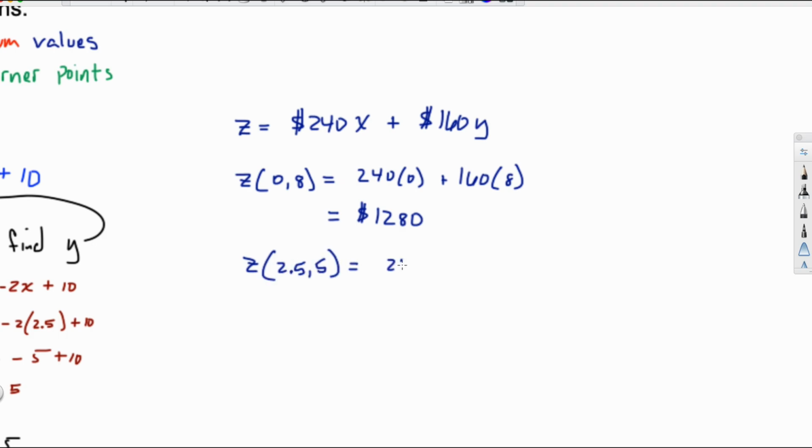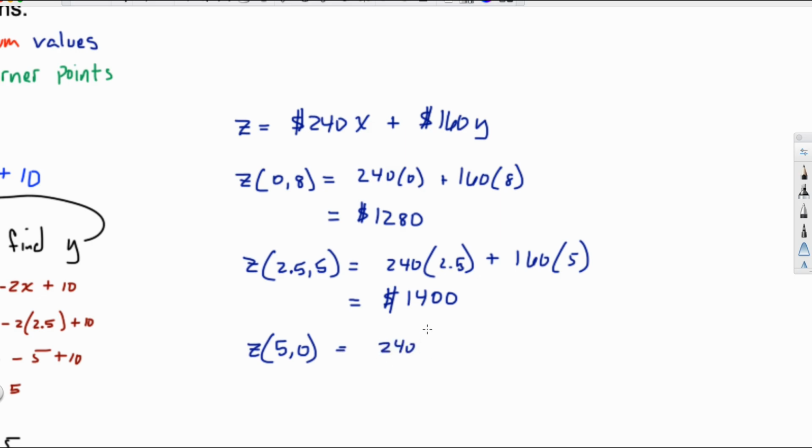All right, can we do better than that? Let's try (2.5, 5). So we're going to put those points into our function. And this one's going to be better. I think the answer is 1,400. Let's see what we get here. Okay, $1,400. And then we have (5, 0) we're going to put in.